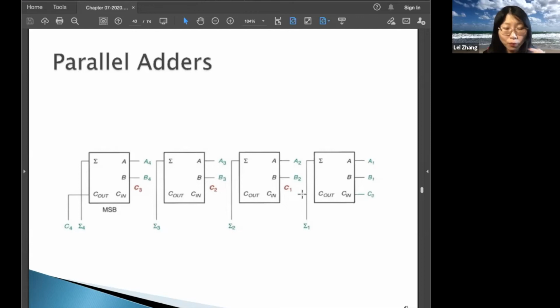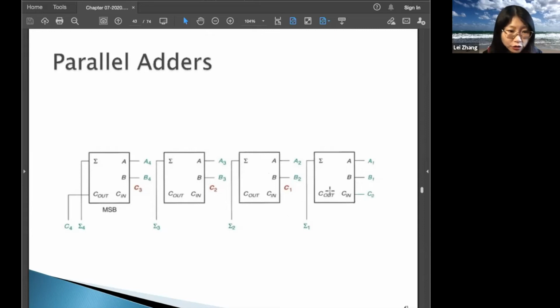So that's what we mean by ripple carry. This slide doesn't show the connected circuit, but we should know that the carry out bit from bit 1 needs to be connected to the carry in of bit 2.